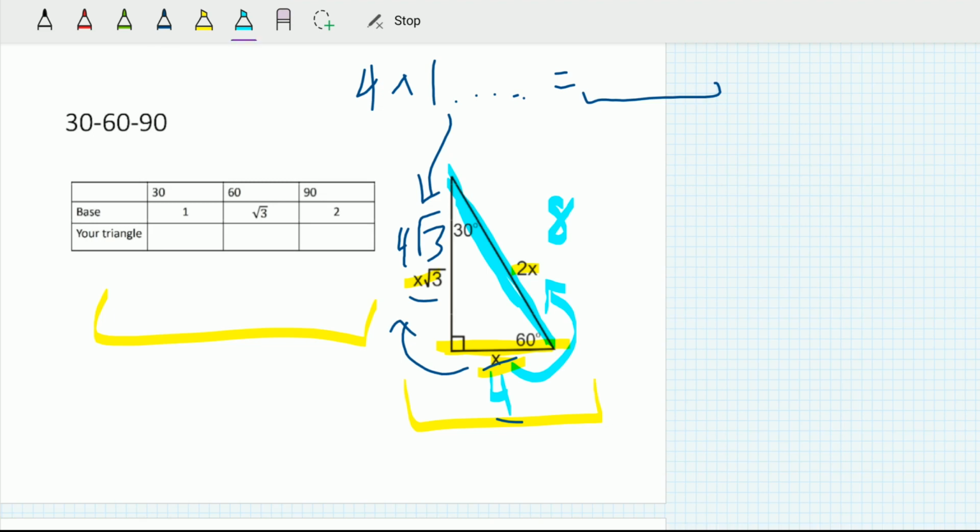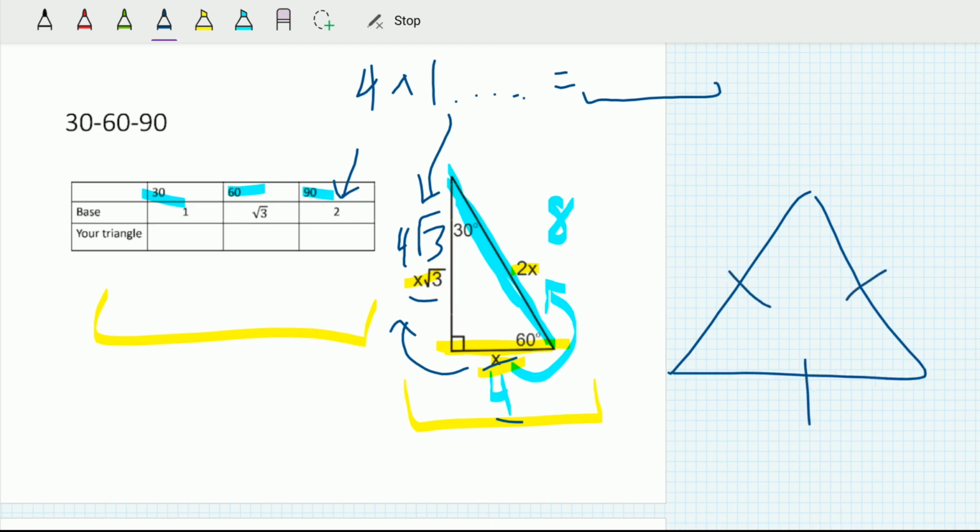Now the table has it in very specific order, okay? 30, 60, 90. So you're going to go in order of smallest side to longest side. Now, I told you guys that when I did the equilateral triangle in the first slide, the basic number that I chose was going to be 2 for the equilateral triangle, because when I break this up into my 30, 60, 90, that means this here is equal to 1.